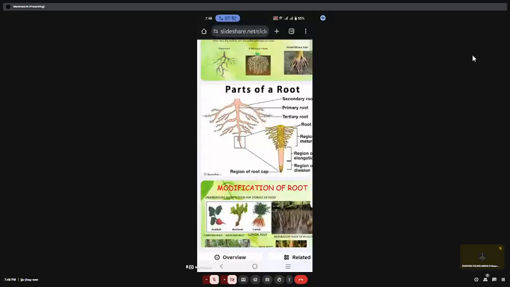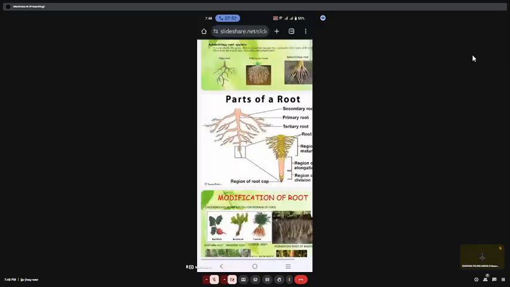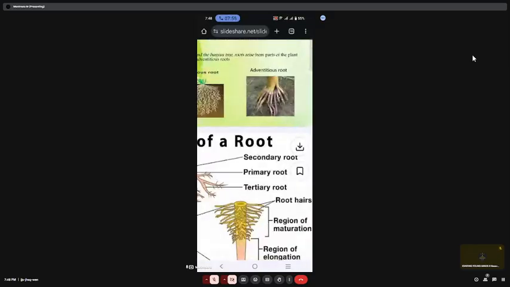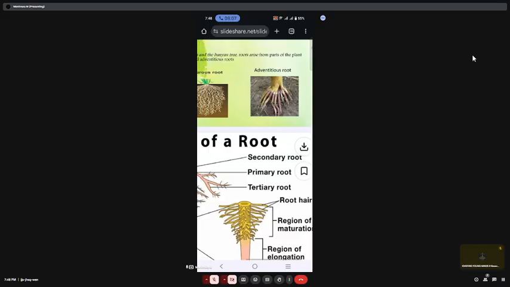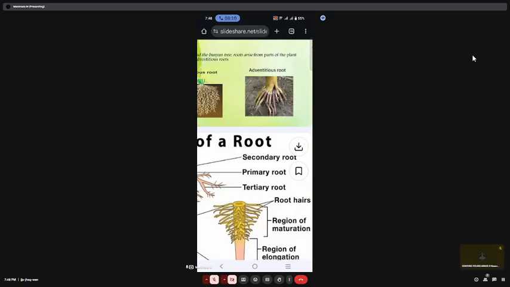And what is adventitious roots? It is given here, right? What is adventitious root? Last class we have discussed. Apart from the radical, the root system which is formed from the other part of the plant is called adventitious, right?